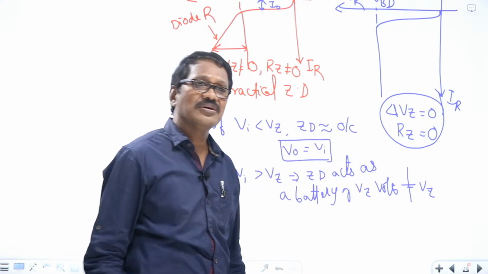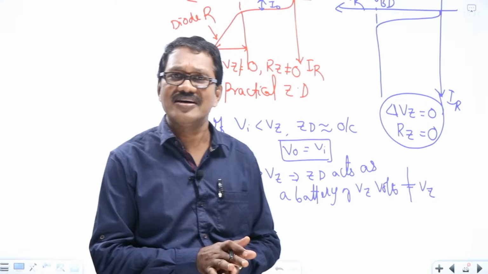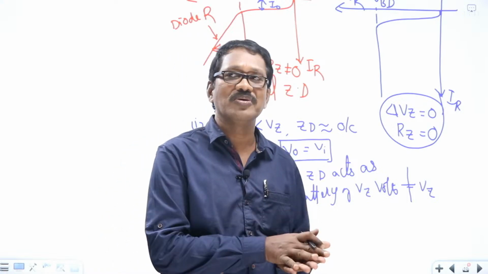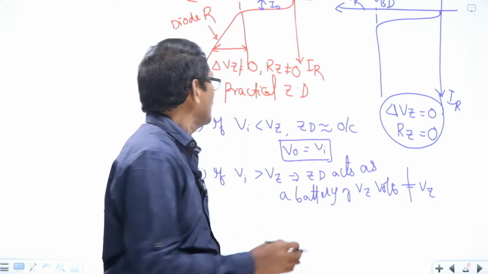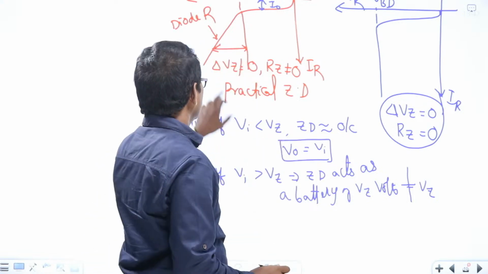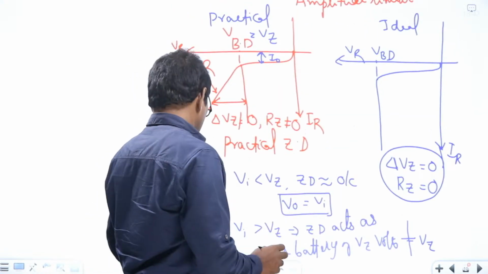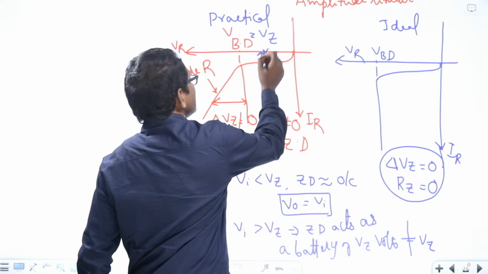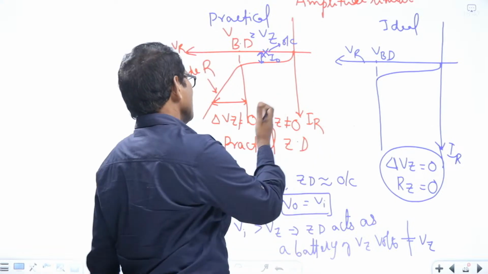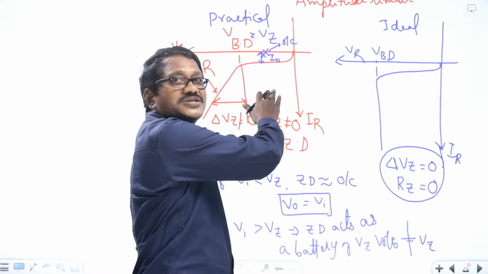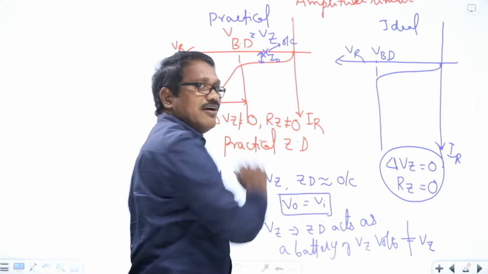Right? So if the Zener diode is reverse biased because of the input voltage, but not in breakdown, that means before breakdown, then it acts as an open circuit. If it is reverse biased and undergoes breakdown, then it acts as a battery of Vz volts.